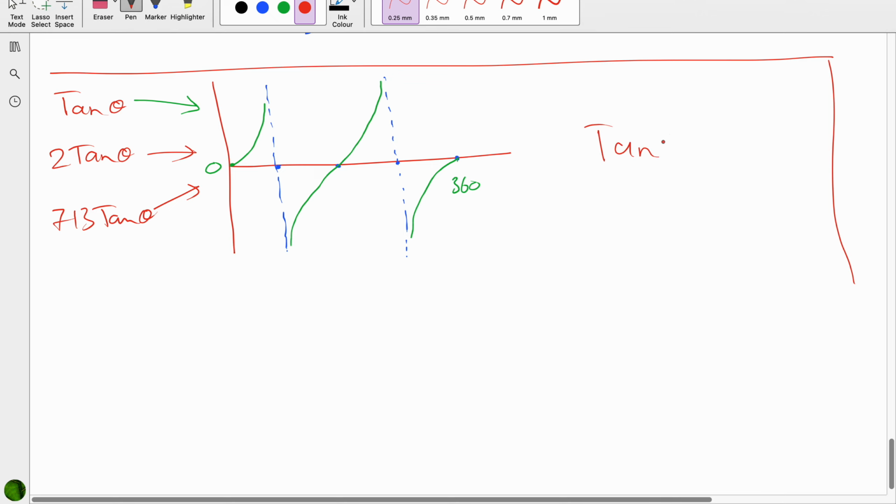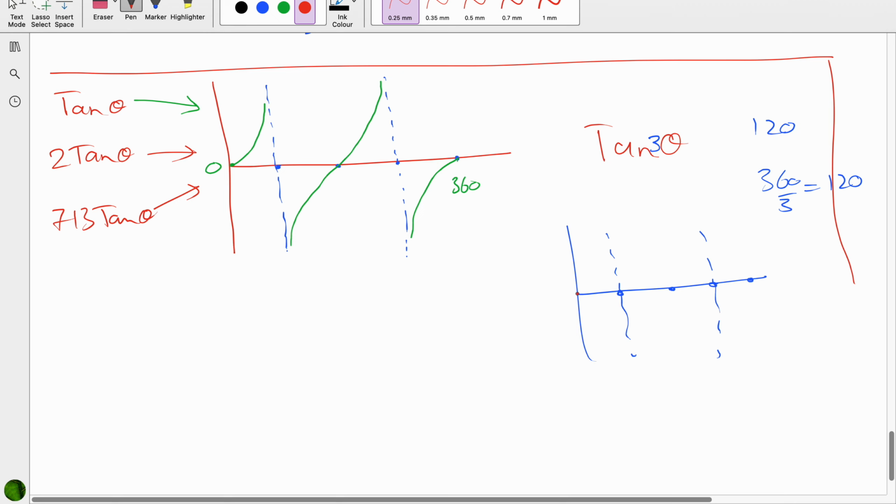And for tan theta, let's say we introduce a number 3. This should now contain these types of curves in 120, because in 360 there are 3 times, it makes 120. So what we do is we just draw these 4 points and an asymptote at the second and third.